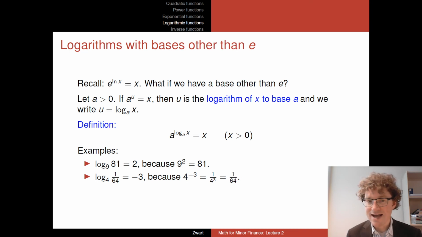And obviously the answer is going to be 2, because 9 to the power 2, or 9 squared, is 81. Similarly, the 4 log of 1/64 is going to be minus 3, because 4 to the power minus 1 is 1/4. So 4 to the power minus 3 is 1 divided by 4 to the power 3, and indeed that's exactly 1/64. So these are a logs.